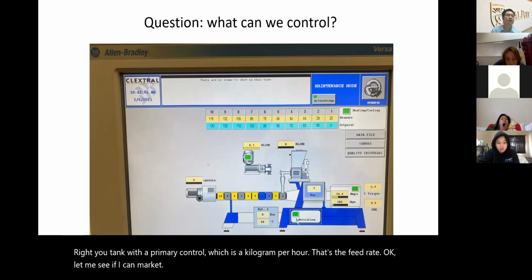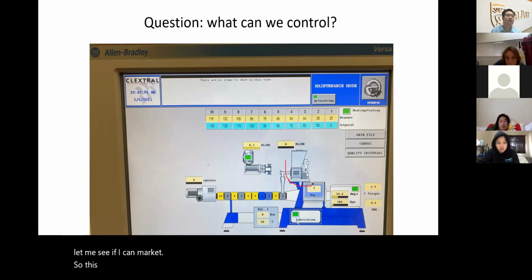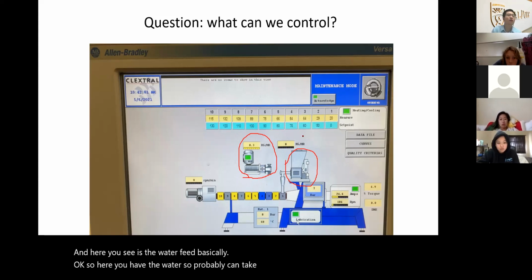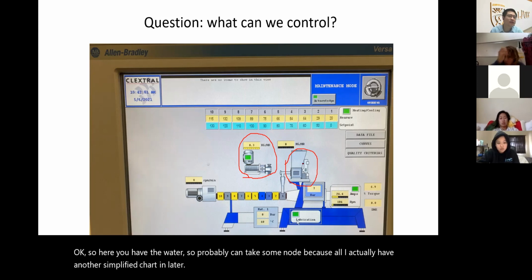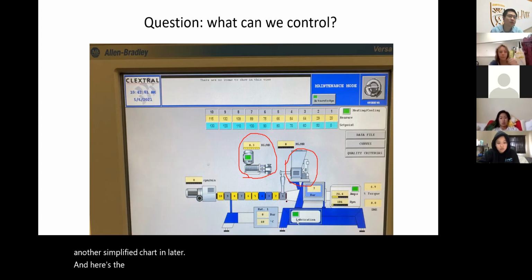Okay, so this is a feed tank. And here you'll see is the water feed basically. Okay, so here you have the water. So probably you can take some notes because I actually have another simplified chart later. And here the water and the feed will be mixed in the early stage of the mixing of the screw.